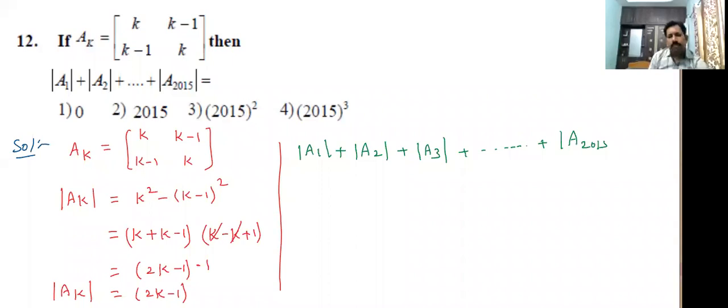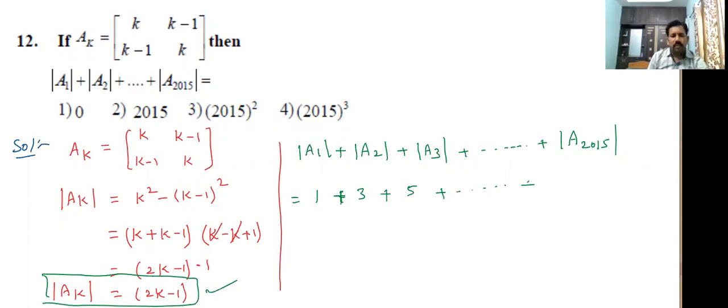The determinant of AK value is 2K minus 1. Determinant of A1 means in place of K, substitute 1. What do we get? 2 into 1 minus 1, that is 1. What is determinant of A2? In place of K, substitute 2. 2 into 2, 4, 4 minus 1, 3. So 1 plus 3 plus 5 and so on.